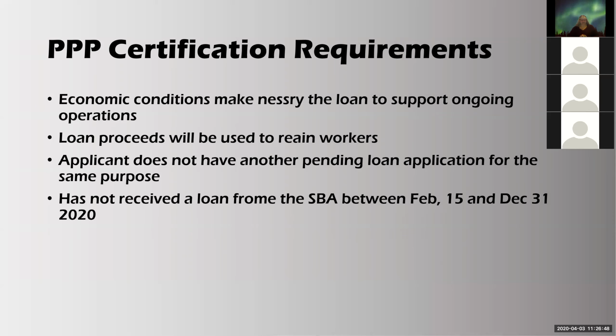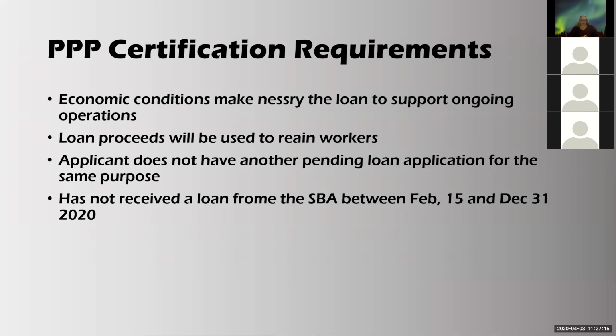The certification requirements. The economic conditions make necessary the loan to support ongoing operations. Every business falls under this right now, so don't worry about it. The loan proceeds are going to be used to retain workers. The applicant does not have another pending loan application for the same purpose, so you can't do both of them.